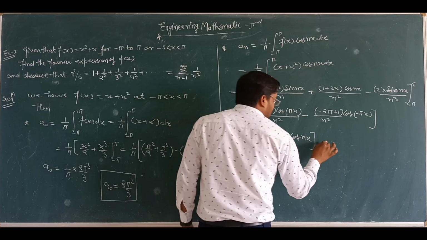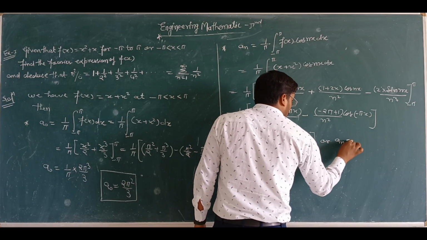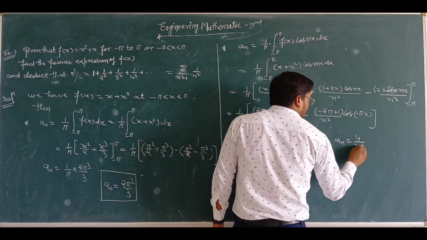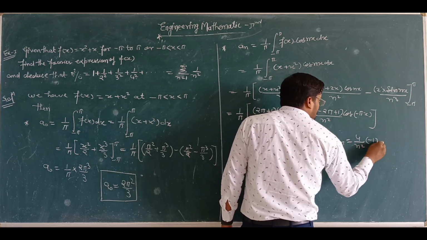Now you can simply write an is equal to 4 upon n square times minus 1 to the power n.